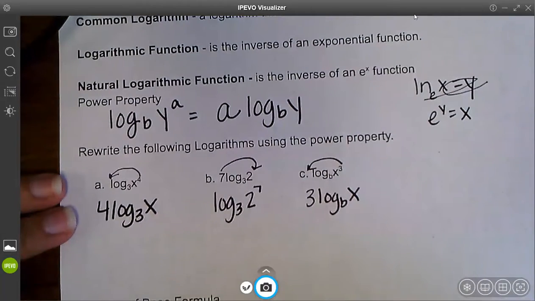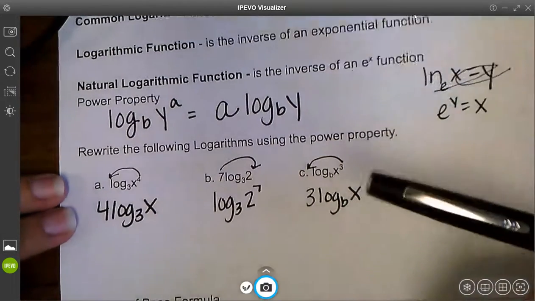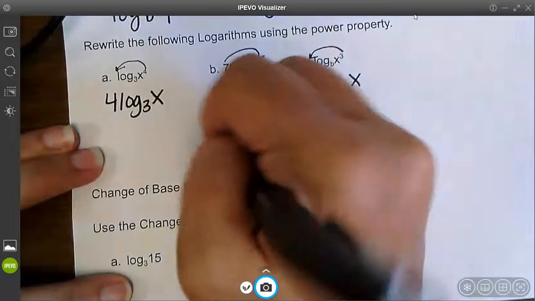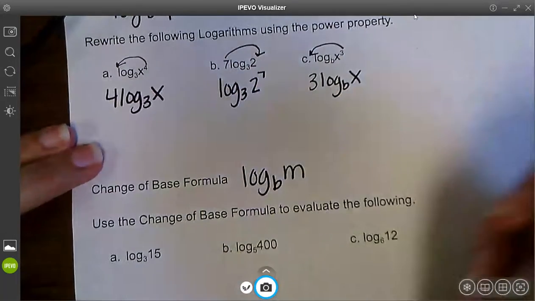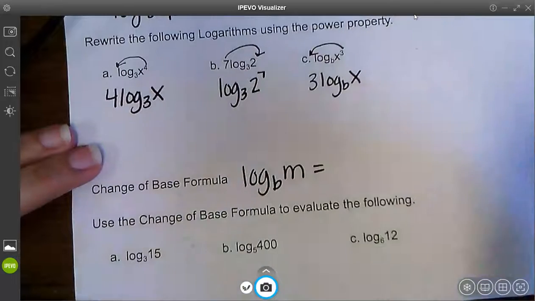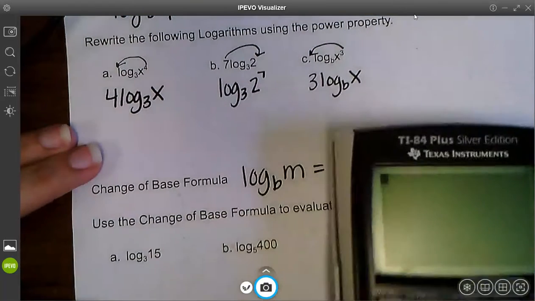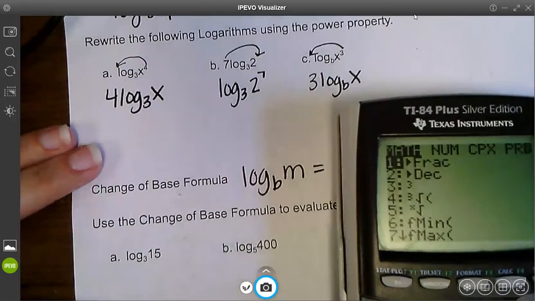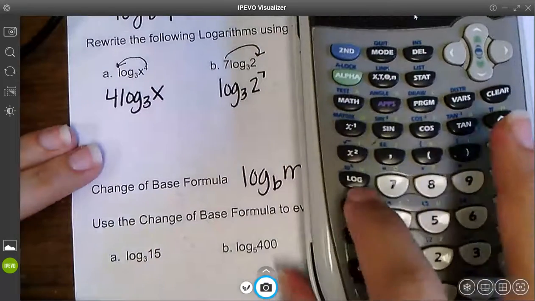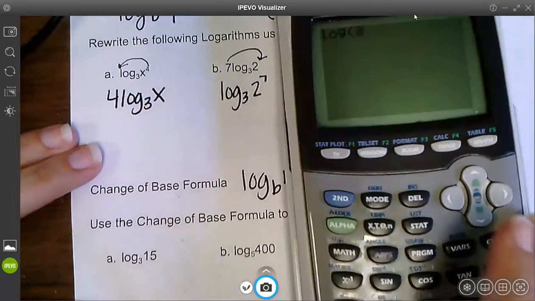That's the power property. Change of base formula. If you have log base b of m, old calculators, like the one that I have right here, do not let you change the base inside your calculator. So whenever you type in log, the log button on your calculator is just the common log, base 10.